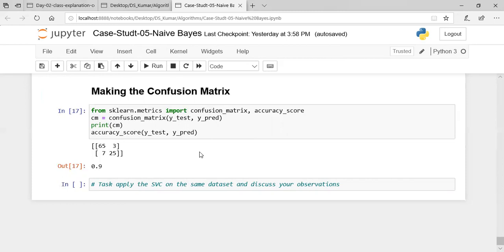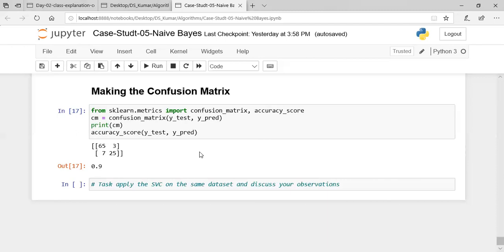Now I want to apply the same kind of condition or same data set with the SVC, so you can observe the distinction, friends, because we can easily say that age and salary are definitely dependent.